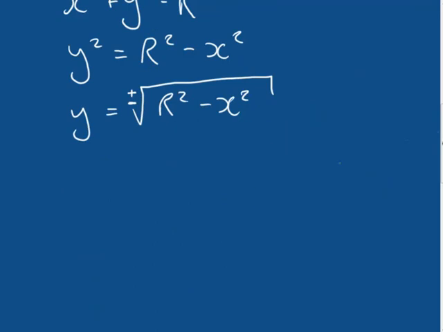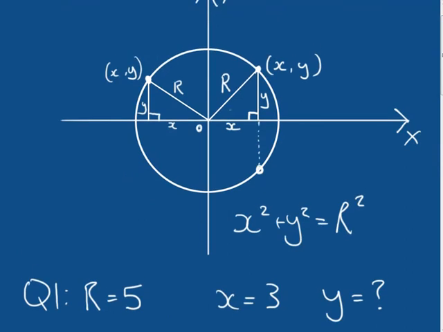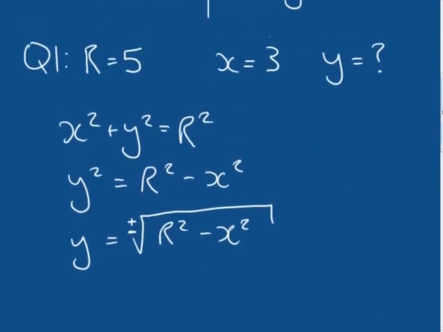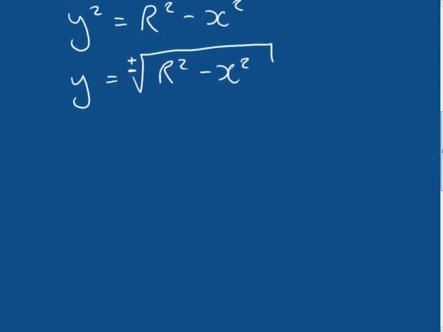So there are always 2 points on the circle that will share the same x coordinate, one up here, one down here. Likewise, there'd always be 2 points on a circle that would share the same y coordinate. If we had this negative y coordinate, there'd always be another x coordinate that would share the same point on the circle. So when we're solving and we have one of the coordinates of our point, there are always 2 possible solutions for the other coordinate of that point.